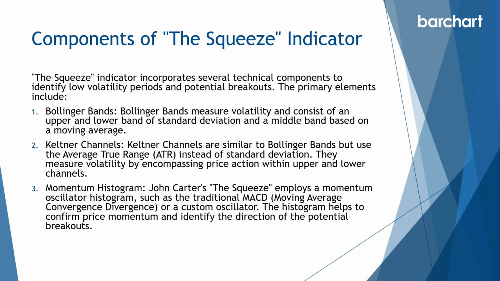Plus, Carter uses a momentum histogram, similar to what you would notice if you were using, let's say, a MACD oscillator. Now, the oscillator is used to estimate the direction, the velocity, and also to alert of potential turning points. So how do we use or work these in tandem, and how do we understand it so we can utilize the squeeze?